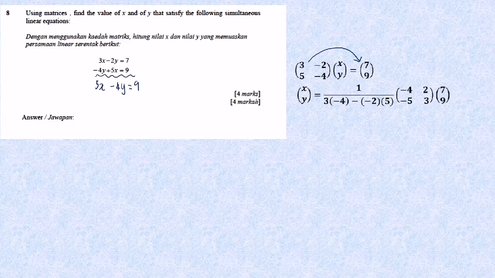So 1 over 3 times negative 4 minus negative 2 times 5. And these two numbers, you change the place. Negative 4 goes up and number 3 goes down. And negative 2 changes to positive and 5 changes to negative. Multiply with 7, 9.